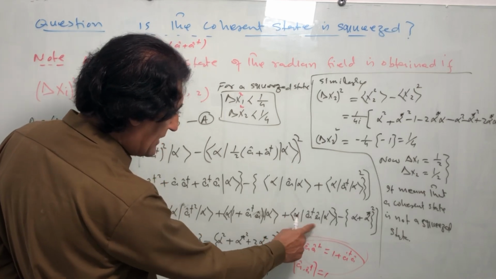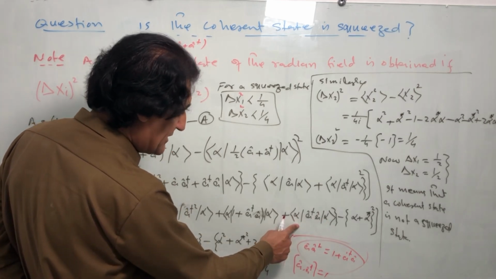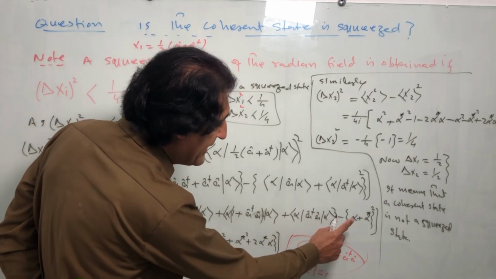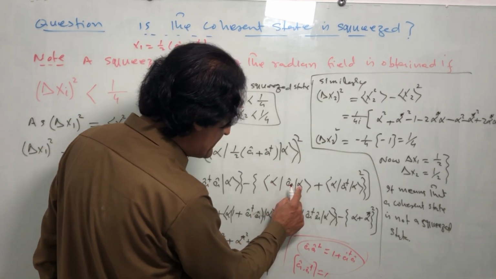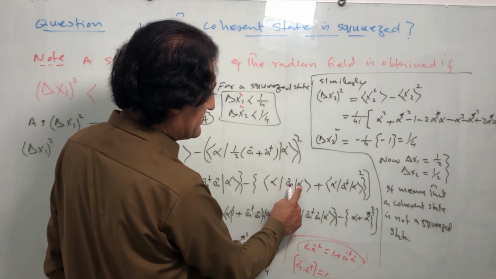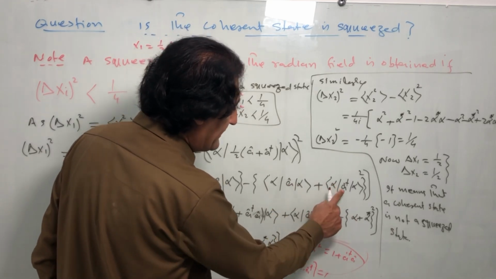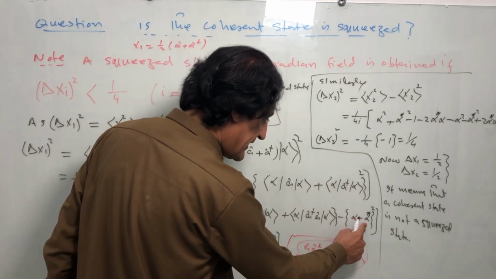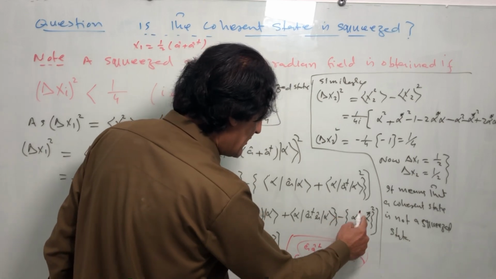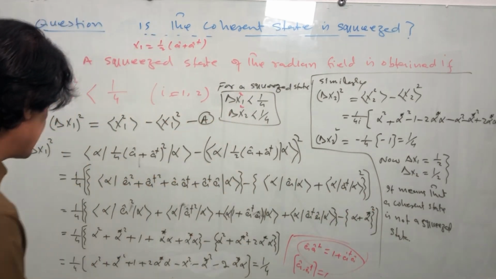Then I can take the expectation value of a dagger a. If a is applied on this coherent state, we get the eigenvalue alpha, and if a dagger is applied, we get alpha star.